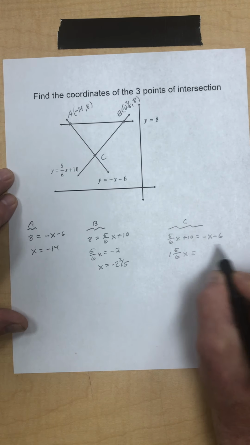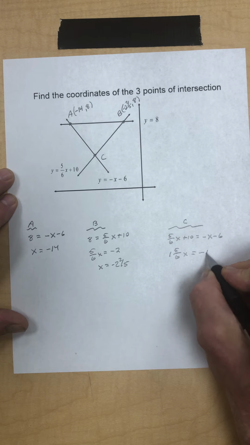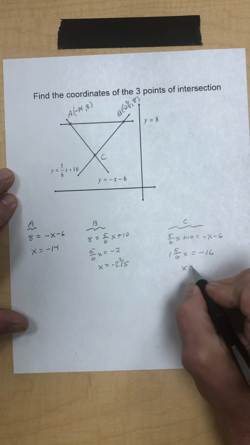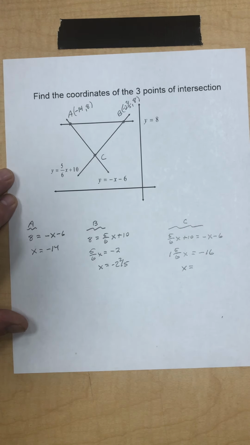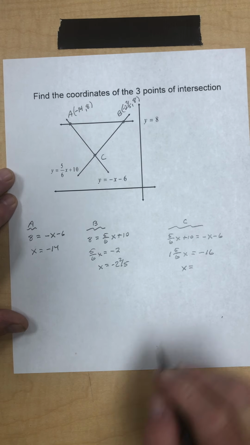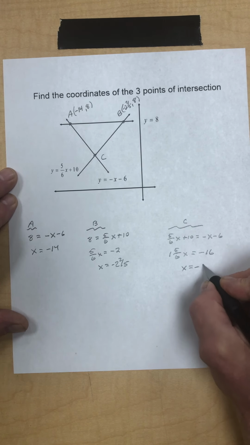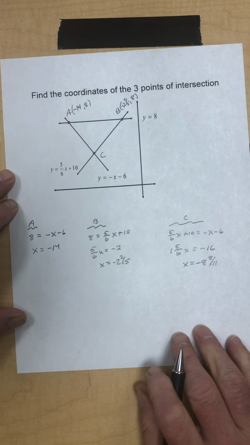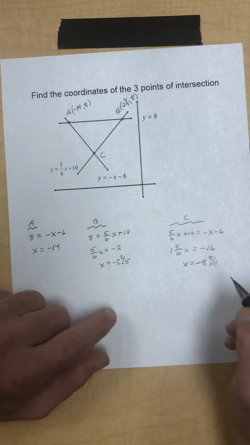And then I have to subtract 10 from both sides, so I get negative 16. And then I just do my division. Negative 16 divided by 1 and 5/6, and I'm getting negative 8 and 8/11. Okay, so that's my x-coordinate.